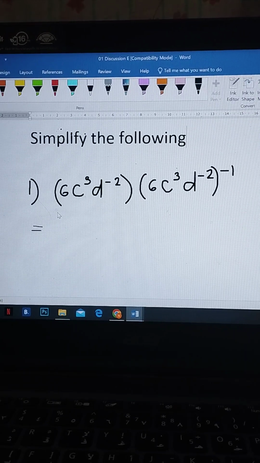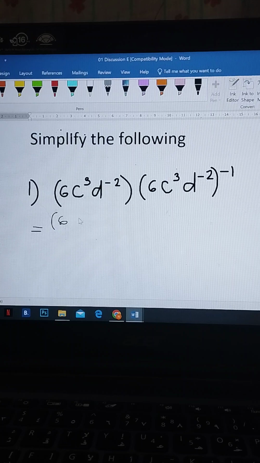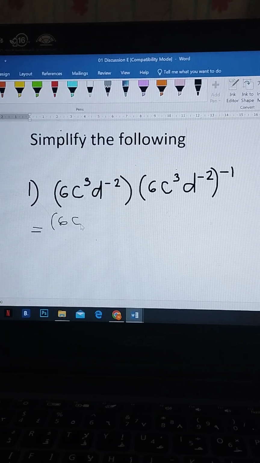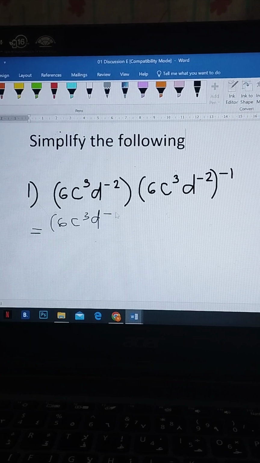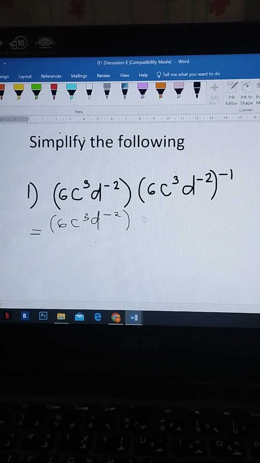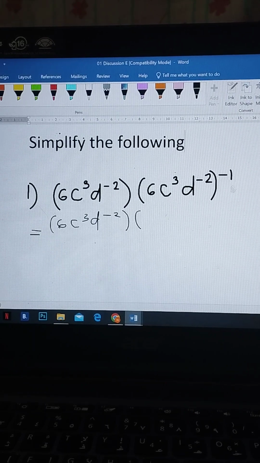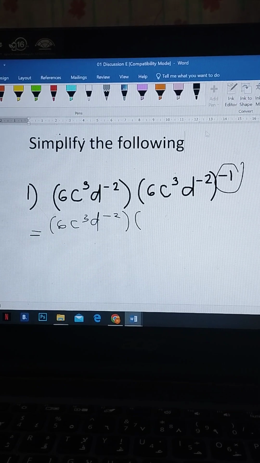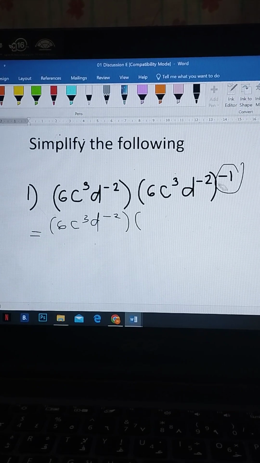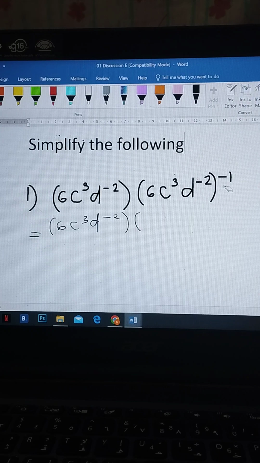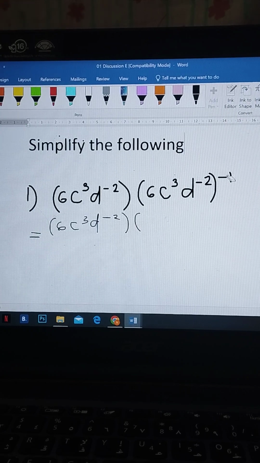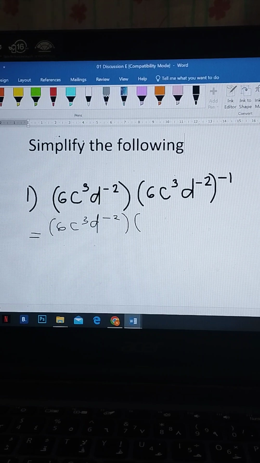Okay, so copy 6 c cubed d raised to negative 2, and if we will remove the negative 1, we just simply multiply to the exponent of 6 c cubed d raised to negative 2 using the law of exponents for power of a product.